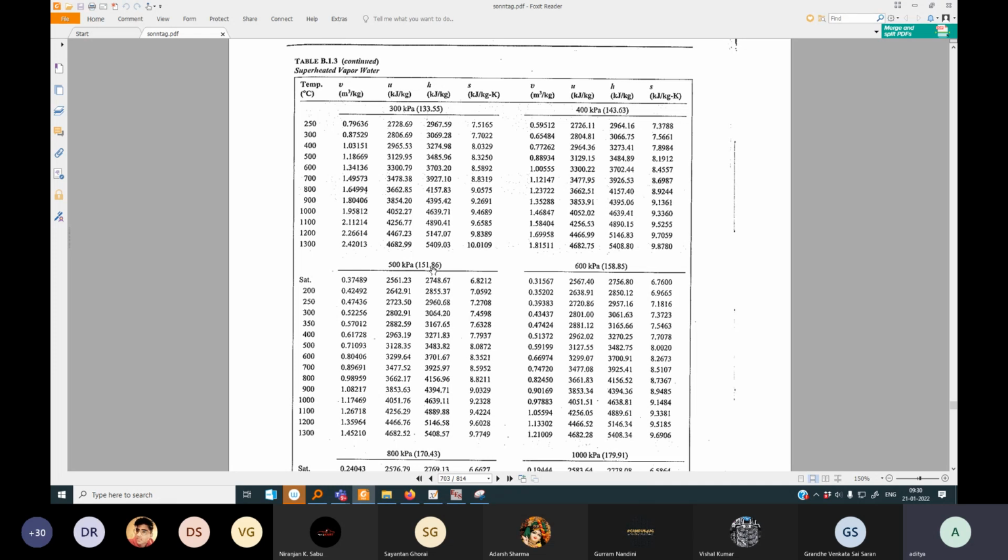And like I said in the very beginning of this course, when the temperature is larger than the saturation temperature, the system is in superheated condition. So at 500 kilopascal and 400 degrees Celsius, the specific volume is 0.61728.